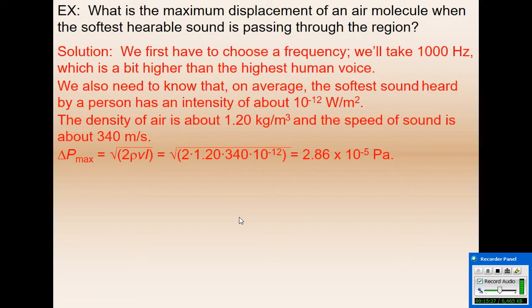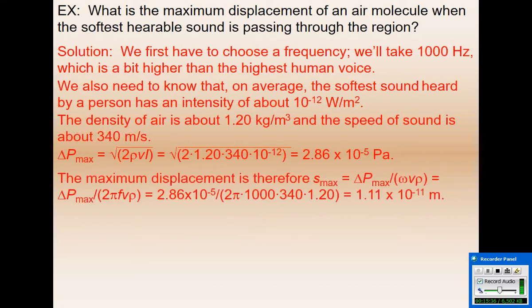But how does this pressure deviation translate into a maximum back and forth oscillation of a molecule? We plug into our formula for S max, and if we solve for S max, we get that it's equal to delta P max divided by omega times V times rho. Omega is equal to 2 pi times the frequency.